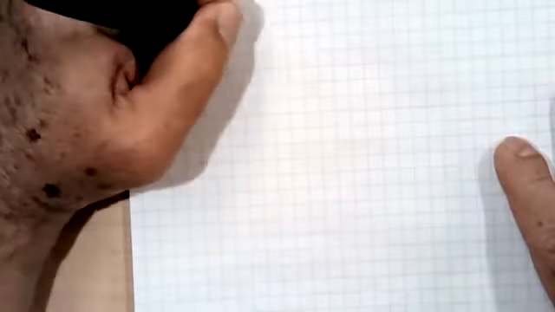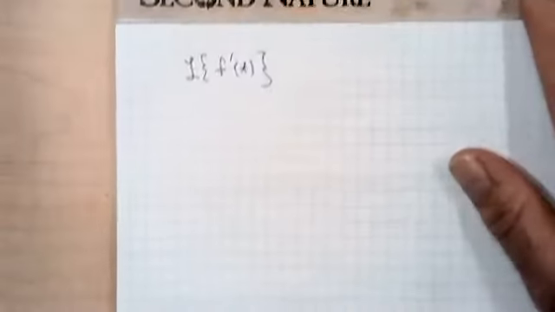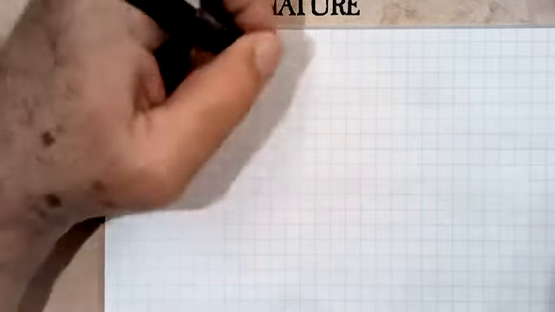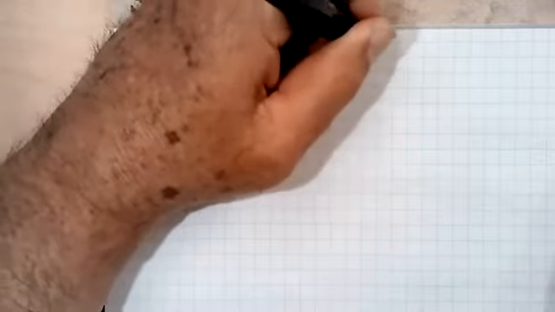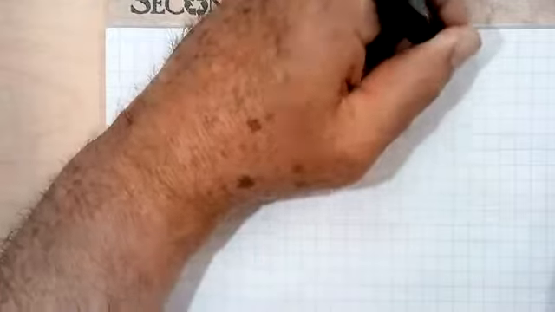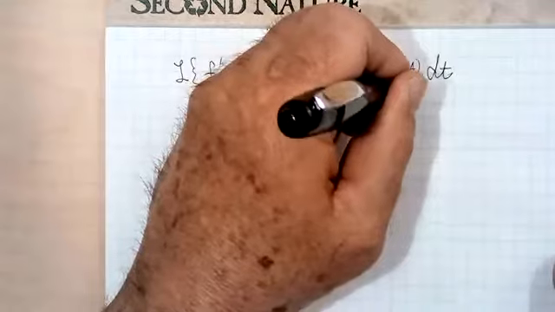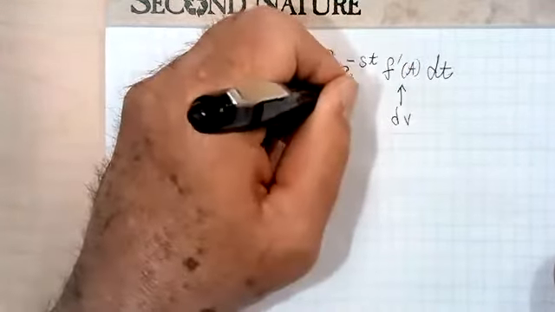All right, so let's figure out how to take the transform of the derivative of f. Well, since we have nothing else to work with, we write down the definition. And that is just kind of begging to be treated this way. Here is dv, and here is u.